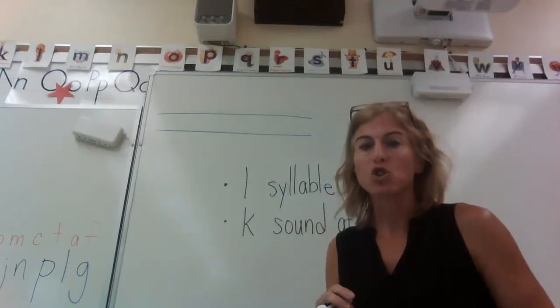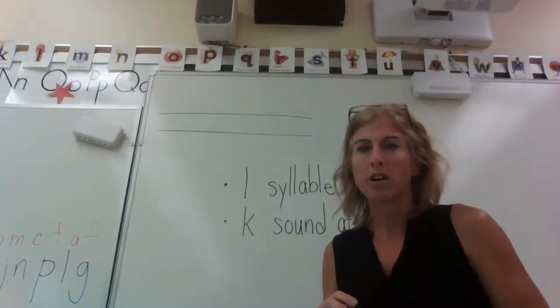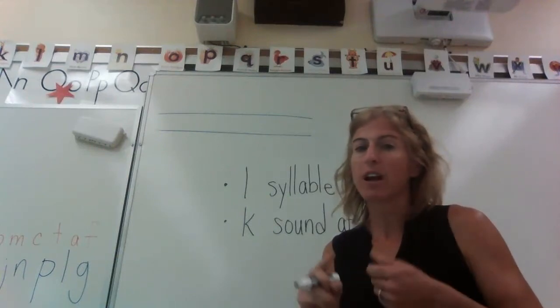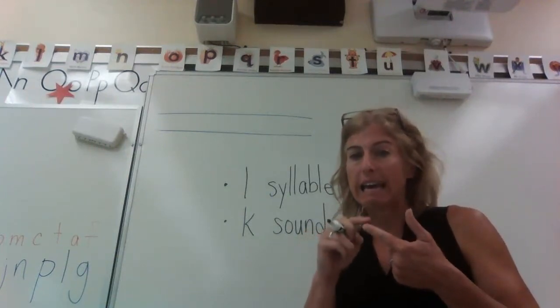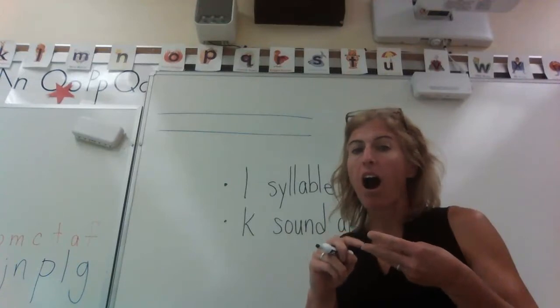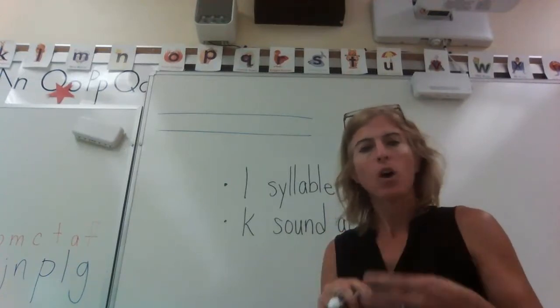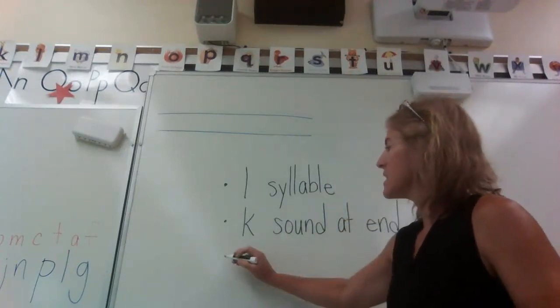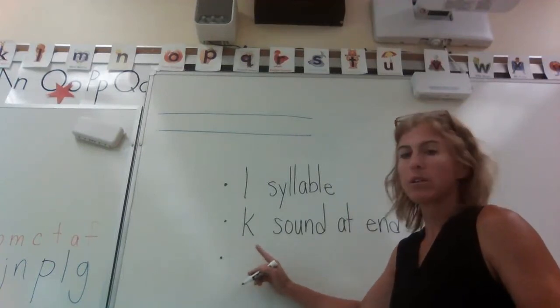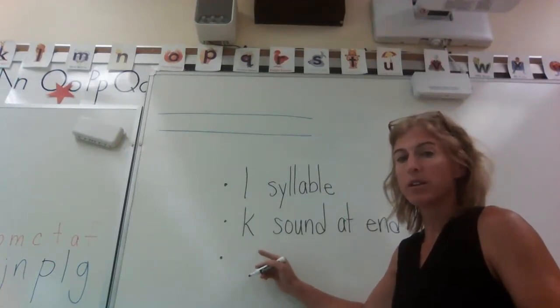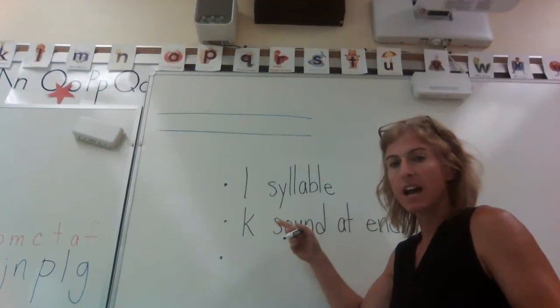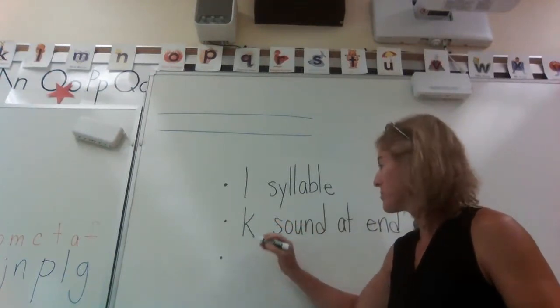It is a short vowel. A short vowel. Now, our short vowels are a, e, i, o, and u. When I hear those sounds in a one-syllable, short vowel word that ends in a k, I have a special rule.